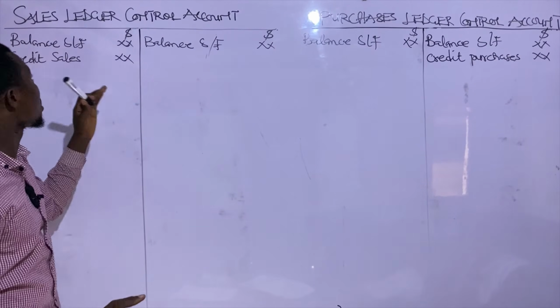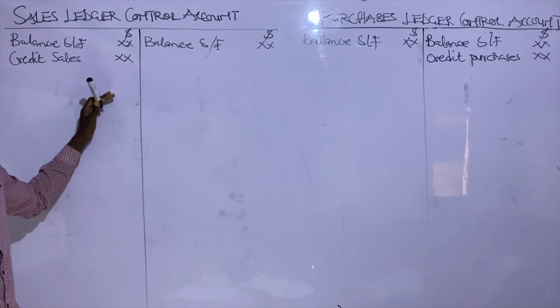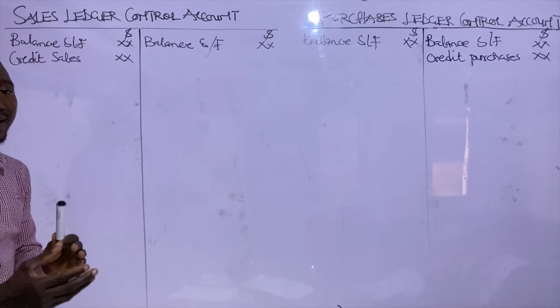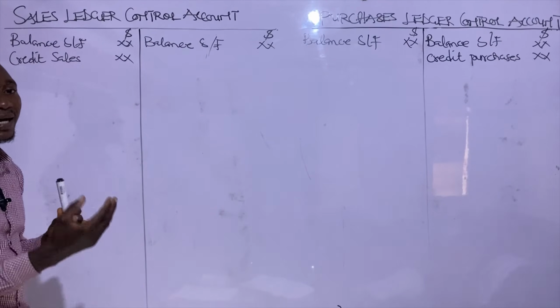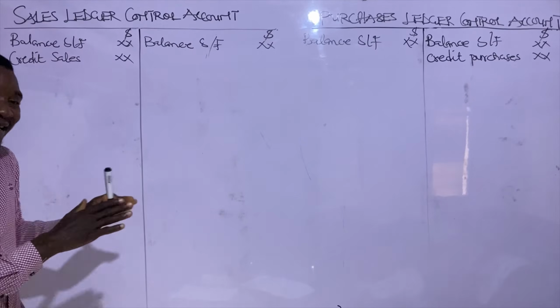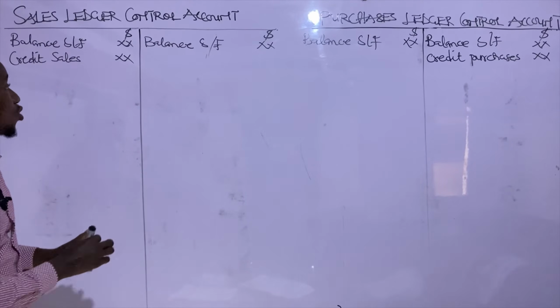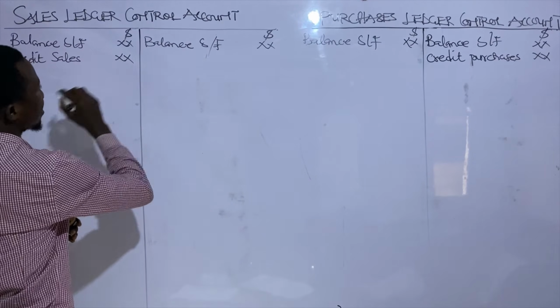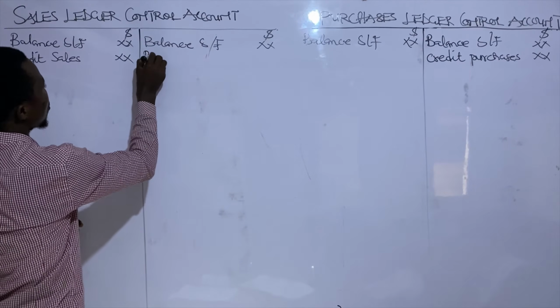And return inwards goes to the sales ledger. Is that okay? For return inwards, it is customers or debtors that return goods to the business. So when customers return goods to the business, we credit the debtors account and debit return inwards. So we credit the customer's account, that is the debtors account. So we credit the sales ledger in the name of return inwards.